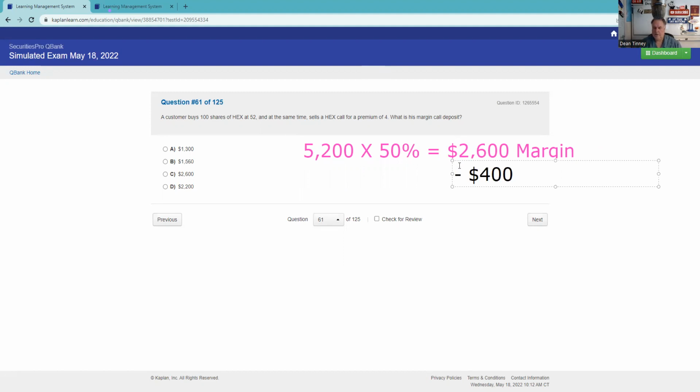And so I'm going to say, well, listen, you need $2,600, but I already have $400 in your account. So send me $2,200. So the call is the difference between what you need, $2,600, and what you've got, which is $400. So the answer here is D as in dog. D as in dog. Let me clean up my slide.